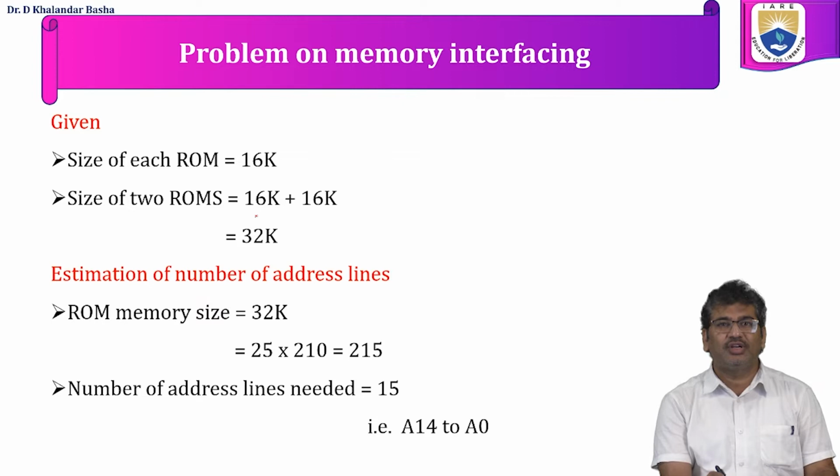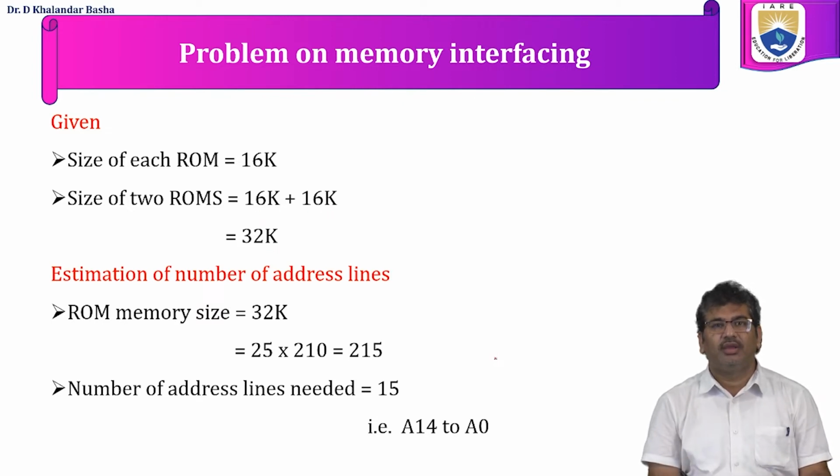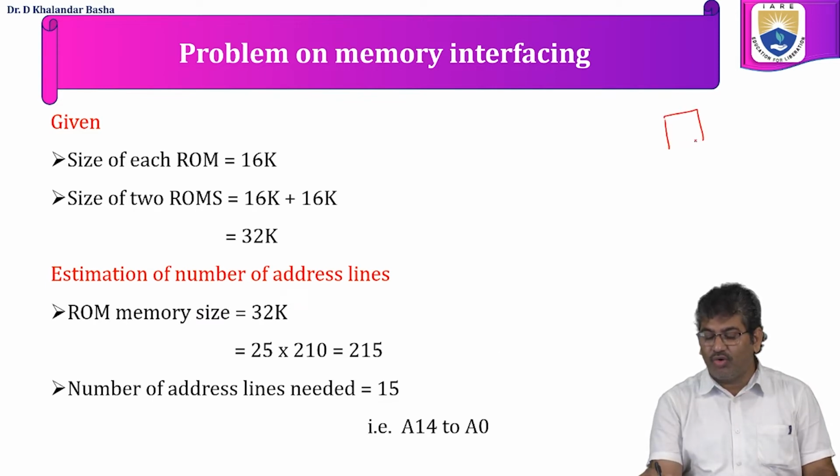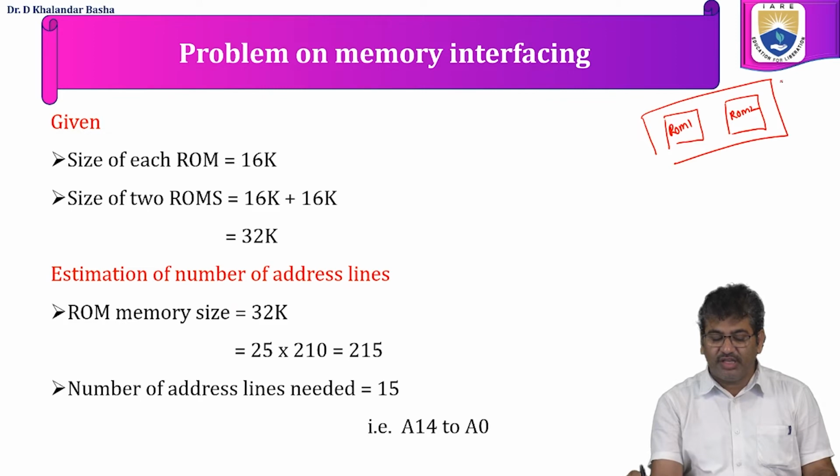The total memory is equivalent to 16K plus 16K, which is 32K. For accessing one of the memory blocks out of these two ROM blocks, which is ROM block 1 and ROM block 2, the size of this ROM is equivalent to 16K plus 16K, which is 32K.